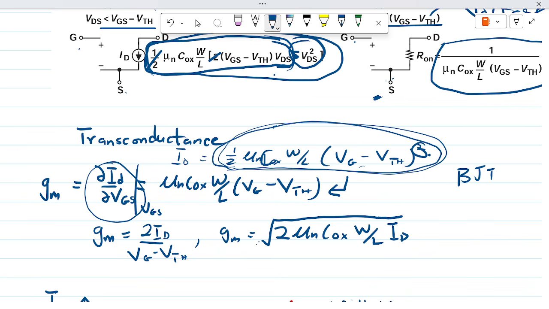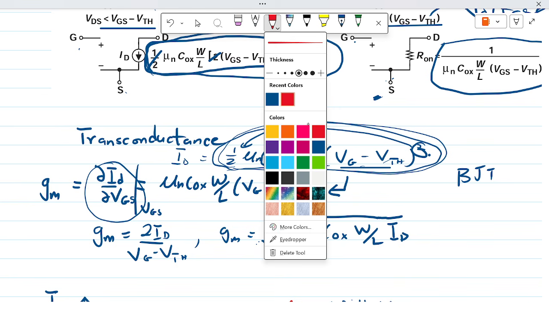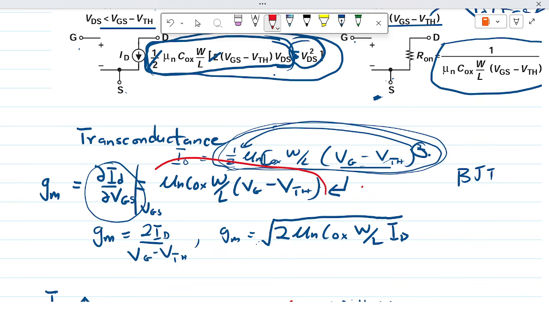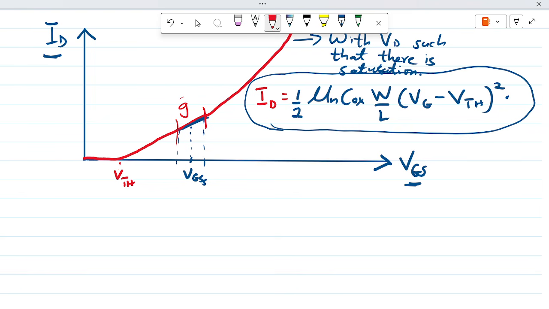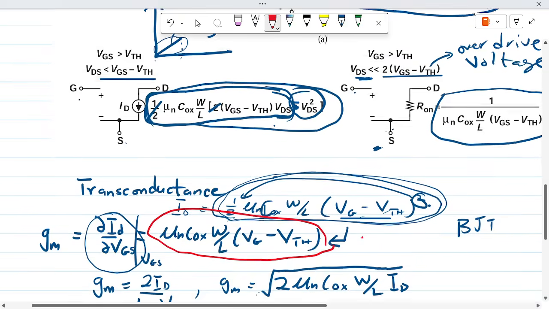The 2 will multiply this 1/2, and I differentiate what is inside the bracket with respect to VGS. So VTH goes to 0, and VGS becomes 1. So I'm going to get this expression right here. That becomes the transconductance of the device. It means this is the slope when I linearize the function around this operating point.